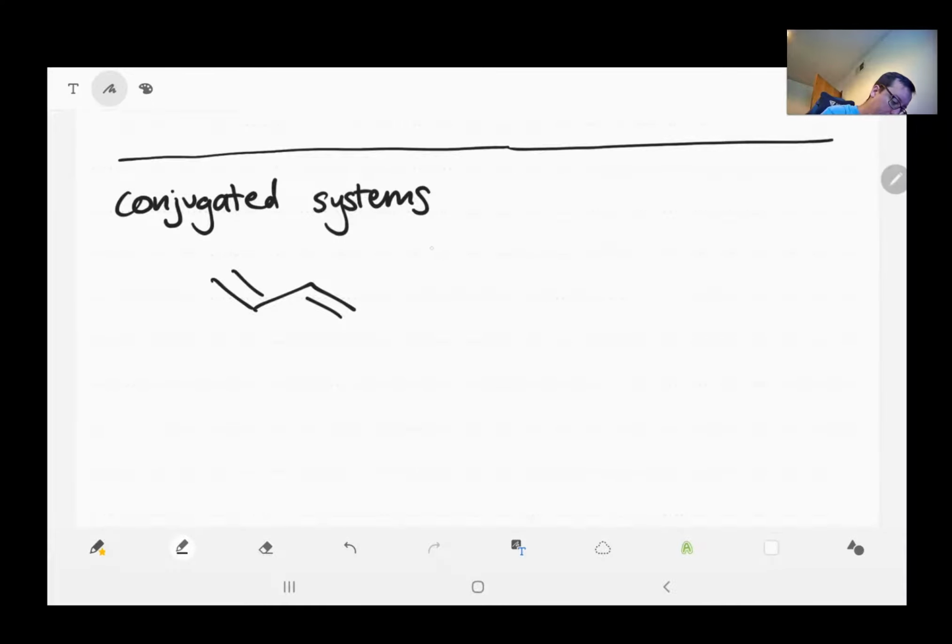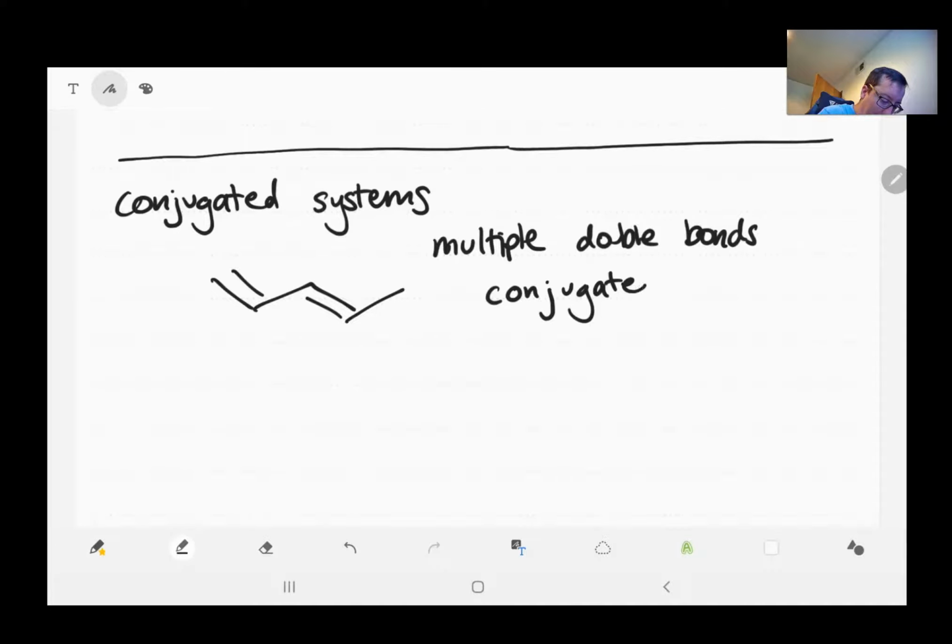When we're talking about having multiple double bonds within a molecule, there are ways we can describe them. This arrangement, I'll just say that these guys are conjugated. They are alternating double and single bonds.